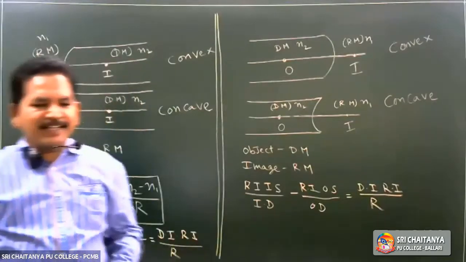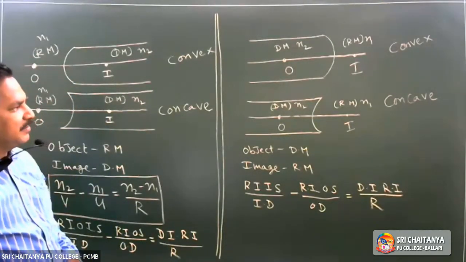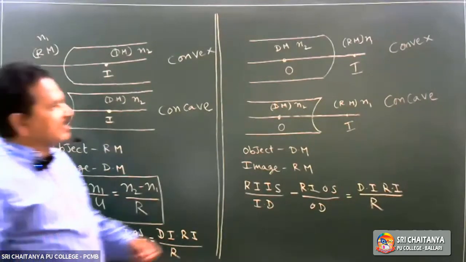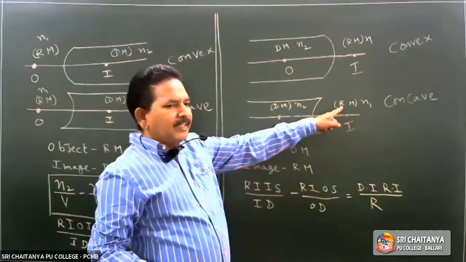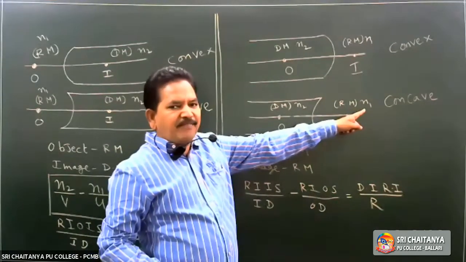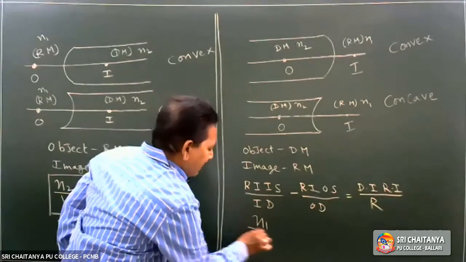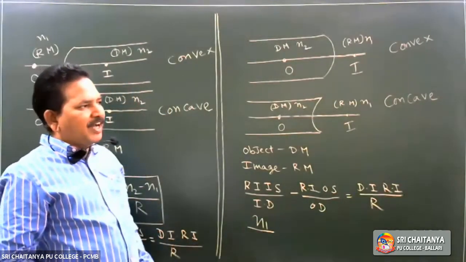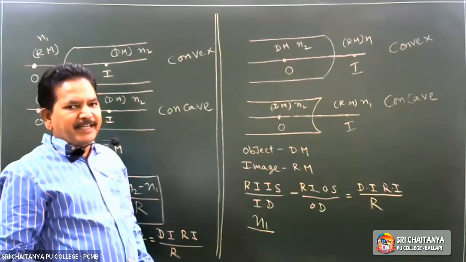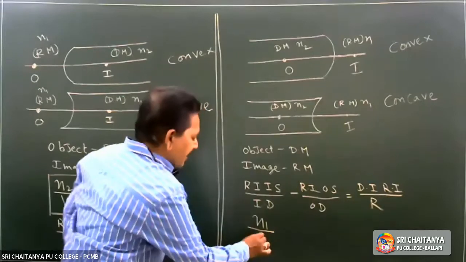Now apply the general case. Then we will get the result very easily. Where is the image space? Image is formed in the rarer medium. Its refractive index N1. So N1 by image distance V. The image is not in the denser medium, it is in the rarer medium.